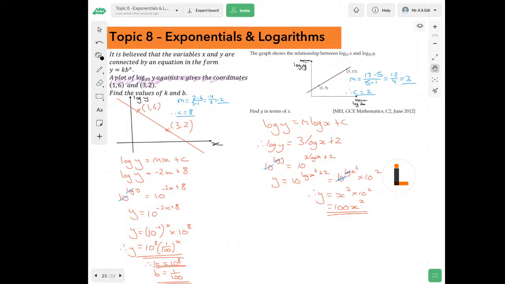But on the graph on the right-hand side, the relationship is between log y and log x, which is why our equation here then becomes log y equals m log x plus c. So the log x and log y, or the x and log y, are dictated by what our graph is showing. So let me know if that answers your question.